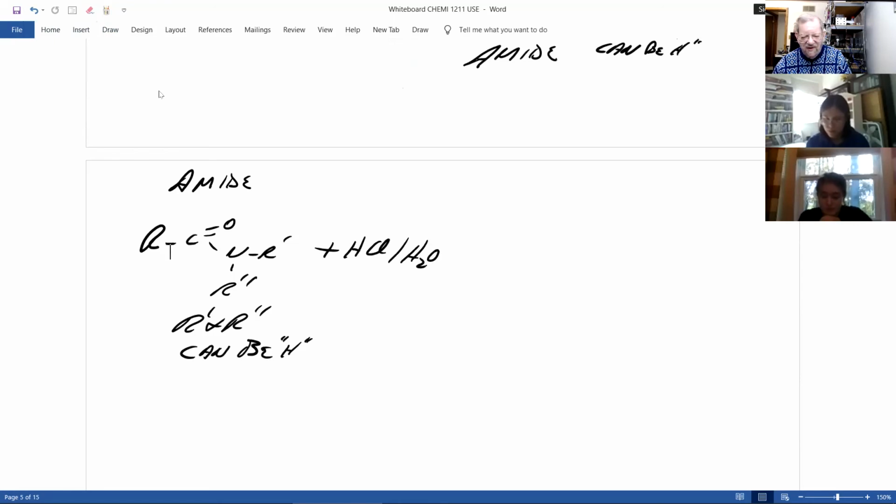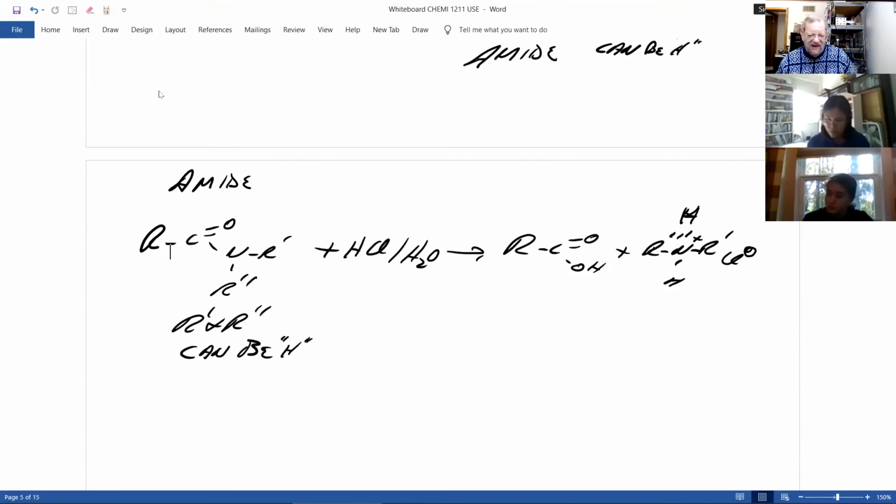This could go over and above the arrow, like I've done with ester hydrolysis, and you get back the carboxylic acid you would have used to make that amide, plus the amine salt. And you don't have to put charges, I will. And don't forget about the chloride anion.